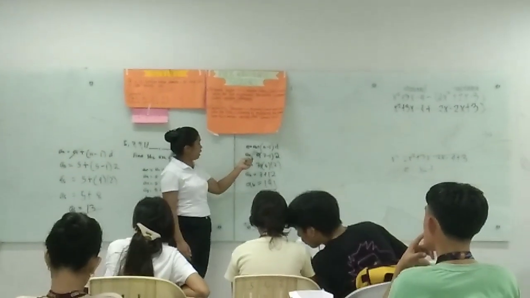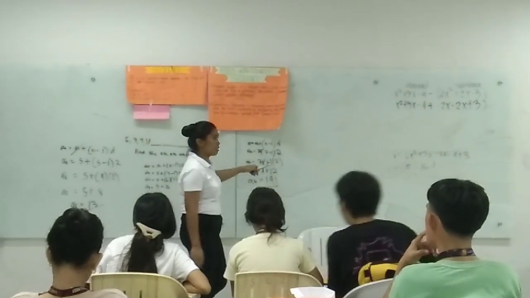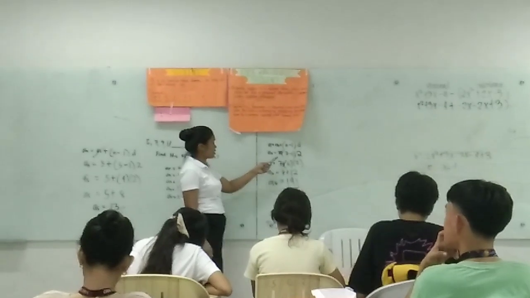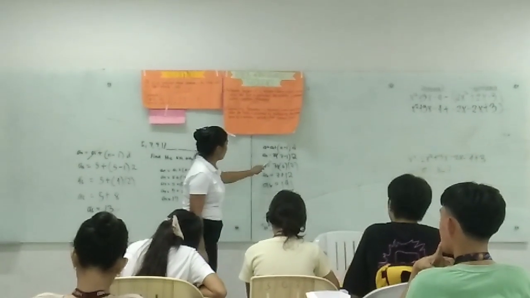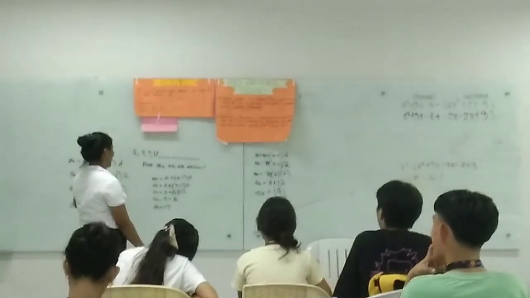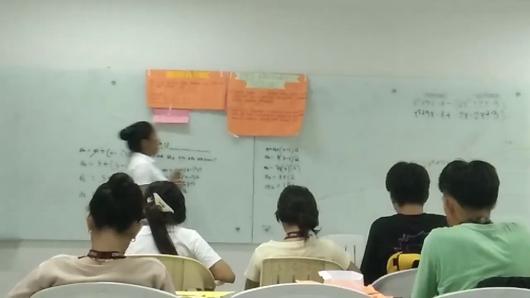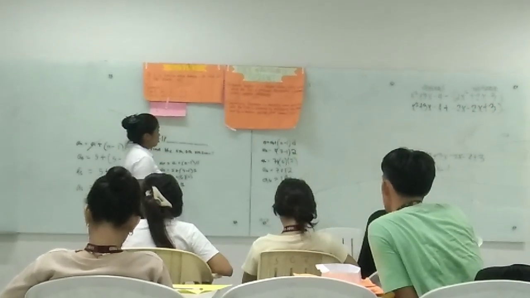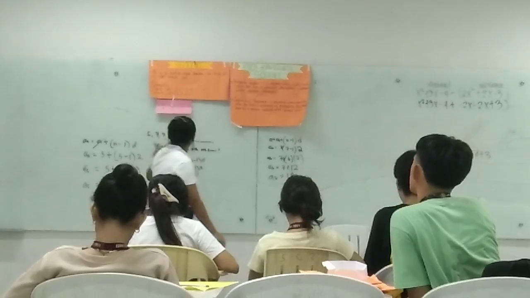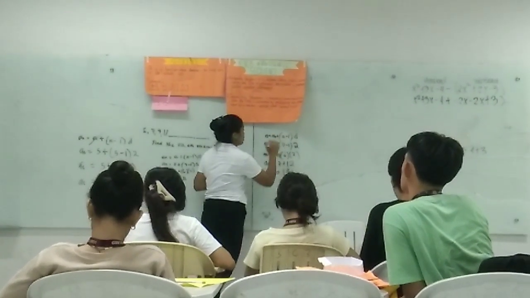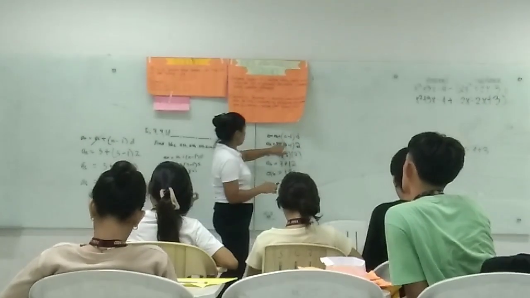So here's the sixth term. A sub 1 plus n minus 1 times d. The same formula will be used to solve that. And a sub 6 is equal to, oh, it's not 7. So our first term is 5. Just replace that 7 for a sub 1, and our first term here is 5. So let's change to 5, and also this.